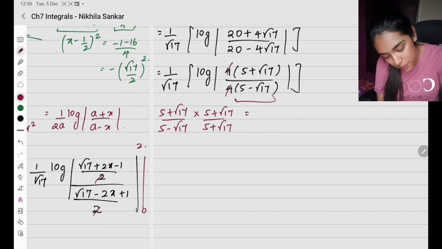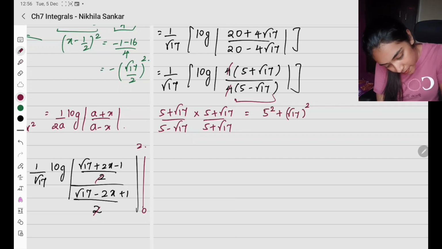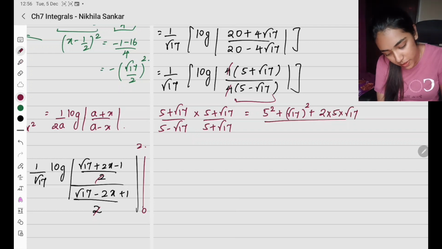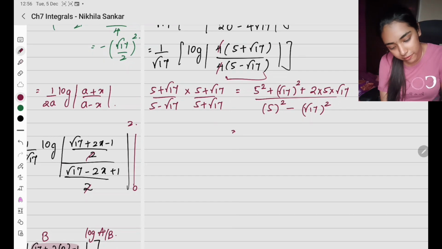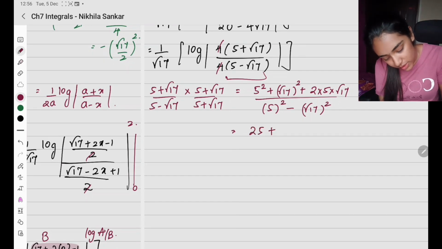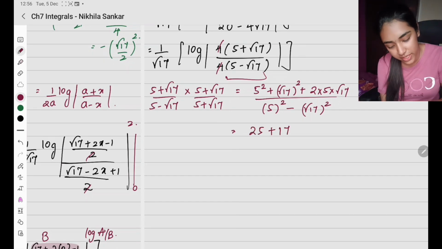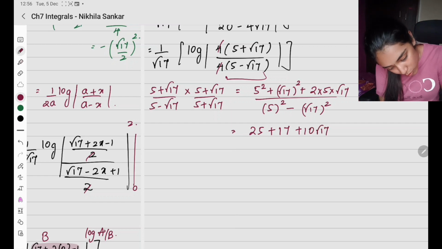I am going to rationalize the denominator. So I will have (a plus b) the whole square, which is a square plus b square plus 2ab, which is 2 into 5 into root 17, divided by (a plus b) into (a minus b) in the denominator. So I have a square minus b square. When I simplify, 5 fives are 25 plus 17, root 17 whole square is 17, plus 10 root 17, divided by 25 minus 17.